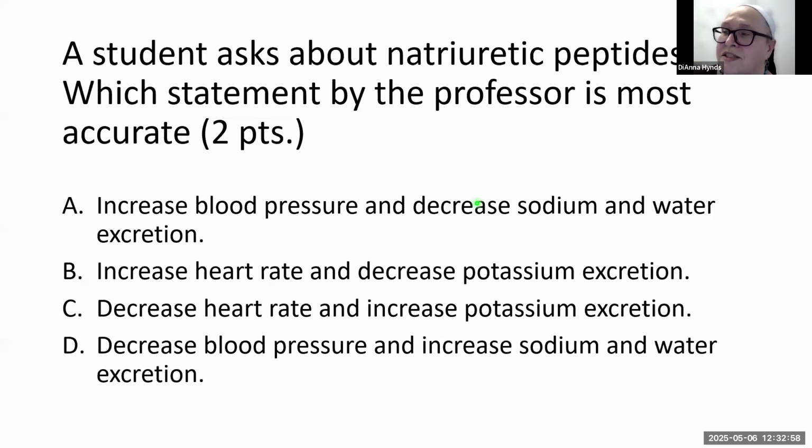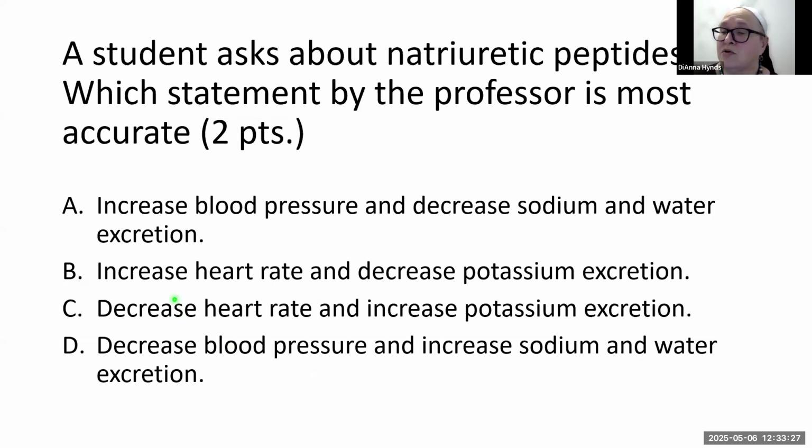It says a student asked about natriuretic peptides and asked which of the statements by the professor is most accurate. And so these are the options. Option A, they increase blood pressure and decrease sodium and water excretion.